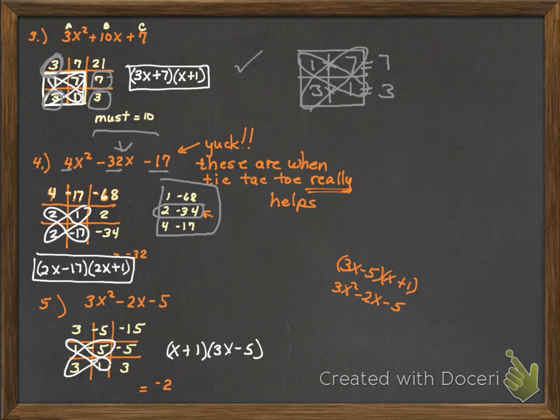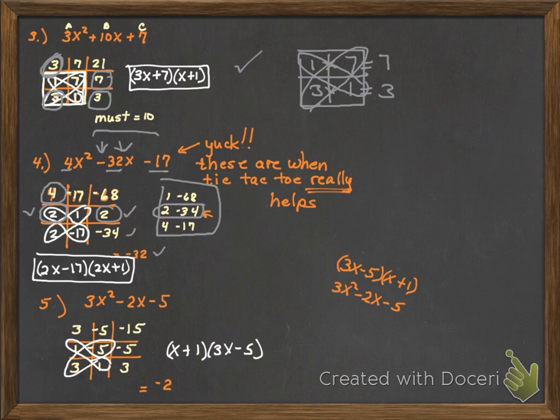I'm going to put the negative with the larger factor if the very first sign you see is negative. So now when I multiply negative 34 times 2, that does equal negative 68. And then 2 plus negative 34 is equal to negative 32. Now your greatest common factor between 4 and 2 is 2.